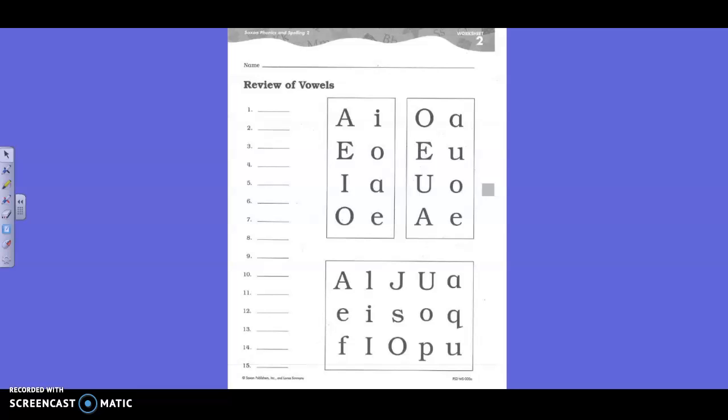Remember, I'm going to say a sound, boys and girls, and I want you to write the letter for that sound on number 1. Are you ready? Okay, number 1. I. Write it down on number 1. Lowercase is fine.